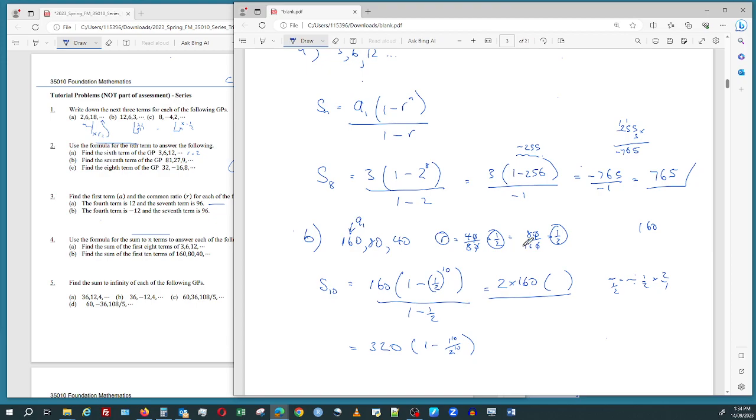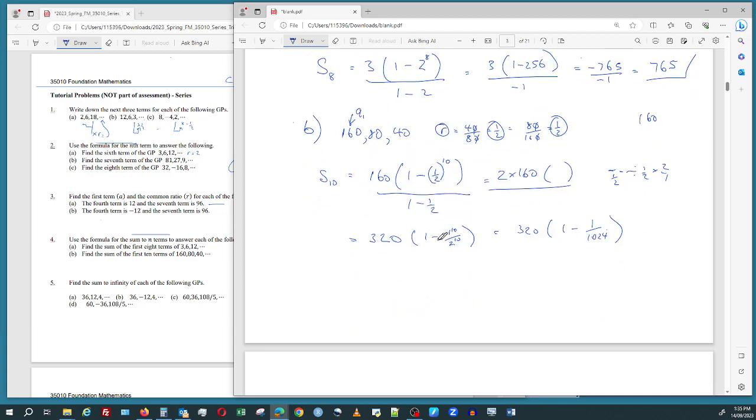So 1 over 1024. So we've got 320 times 1 minus 1 over 1024. Now we've clearly got a big number here. So this is going to have to be 1024, same family, and because it's times 1, it's just 1024.